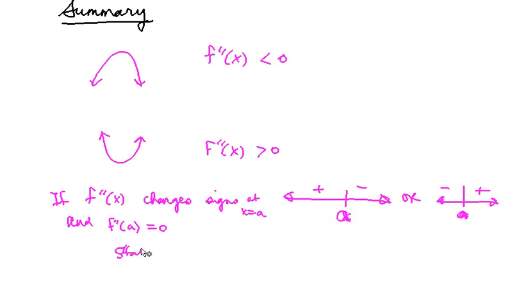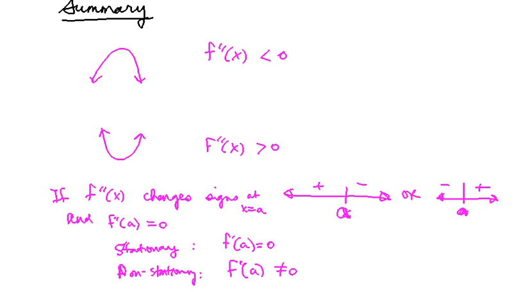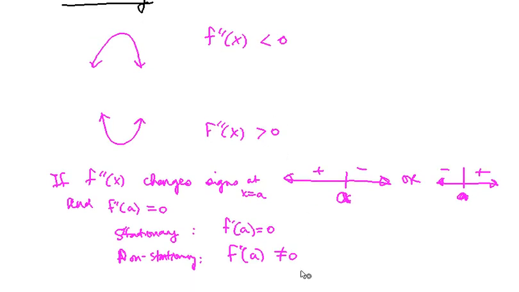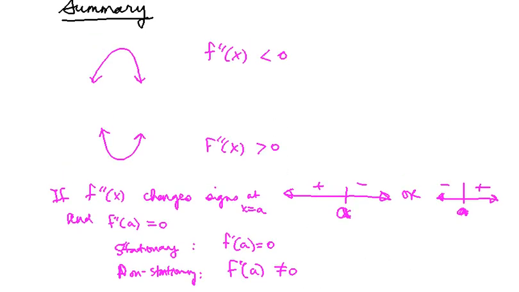It's stationary if f prime of a is 0. If the derivative is 0, then it's stationary. It's non-stationary if f prime of a, the first derivative, is not 0. And that's what we talked about earlier in this video. So that's just a quick summary of what this lesson is about.